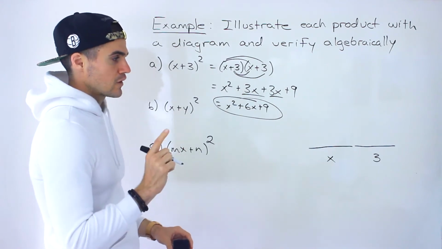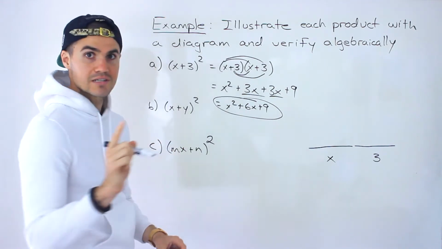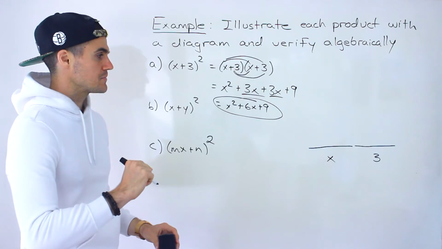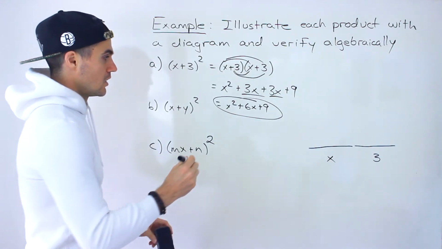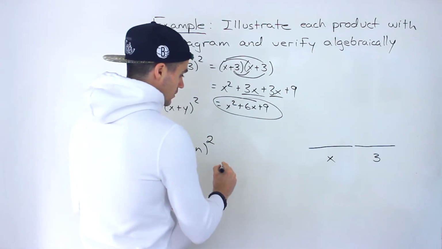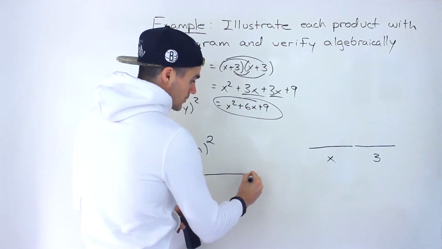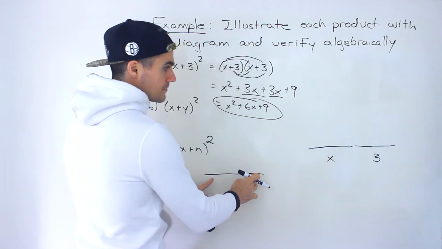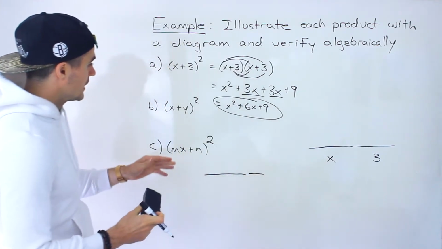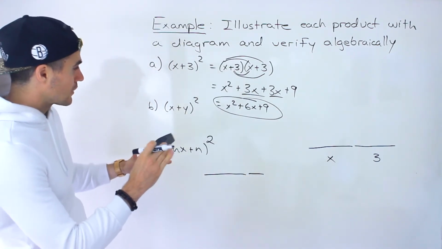Now I just want to mention that this is different than algebraic tiles, because with algebraic tiles, if we had x, for example, it'd be a long line, and if we had a 1, it would be a small line. Here it's a little bit different, because we're given different kinds of terms.